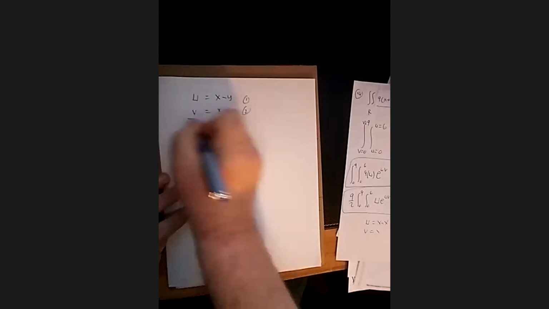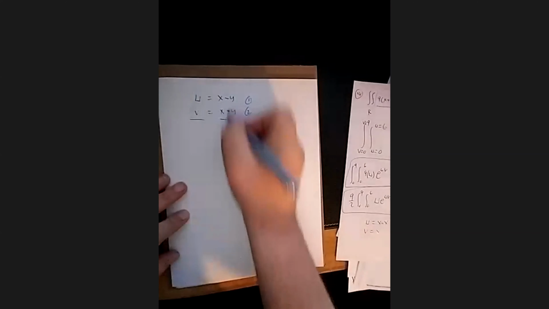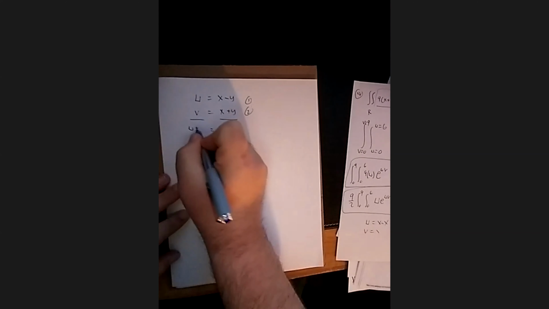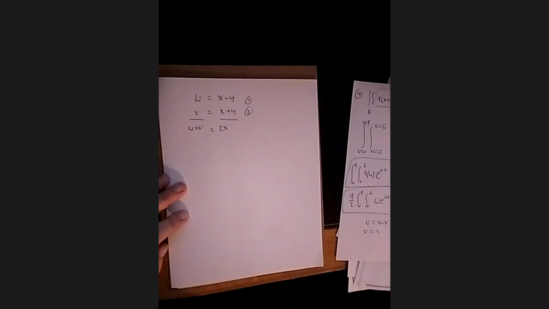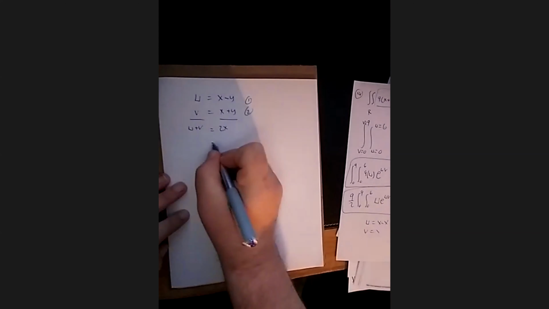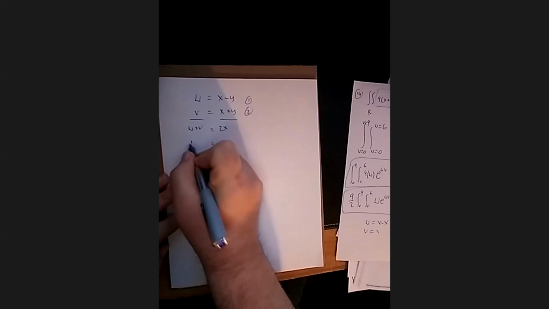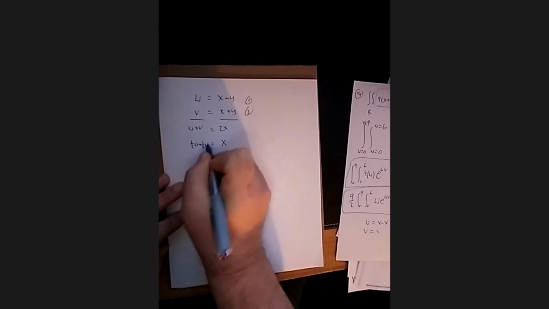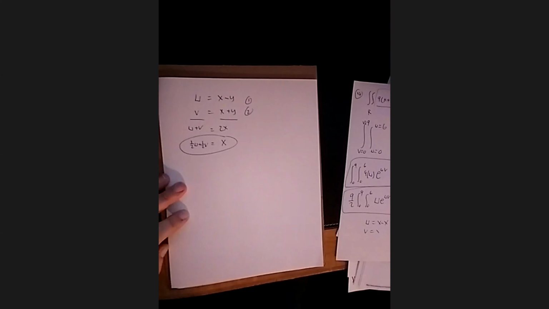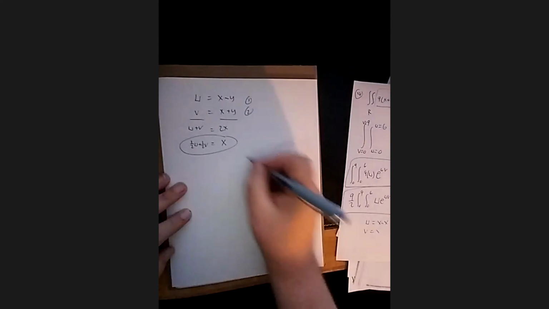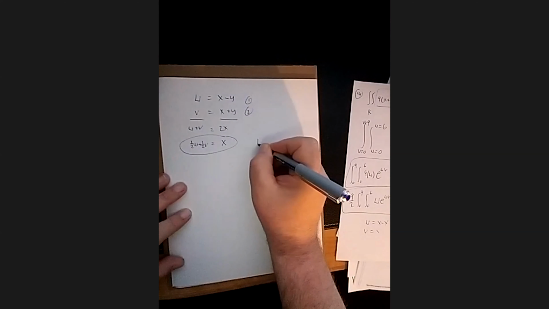And solving the system of equations, if I add these two equations together, I get that. Agreed? And then if I divide everybody by 2, that's what x is equal to. You happy about the process? It's like solving a system of equations, but there aren't any numbers now, right? You're trying to find out what x is, but instead of being a number, it's now a combination of u's and v's.